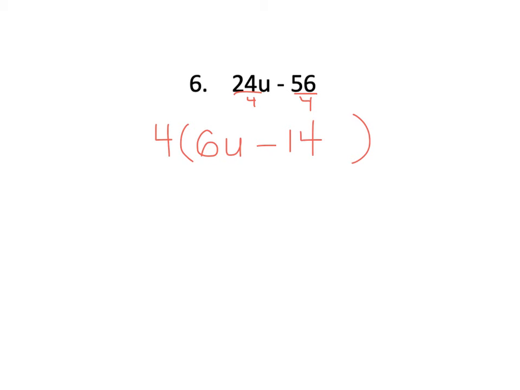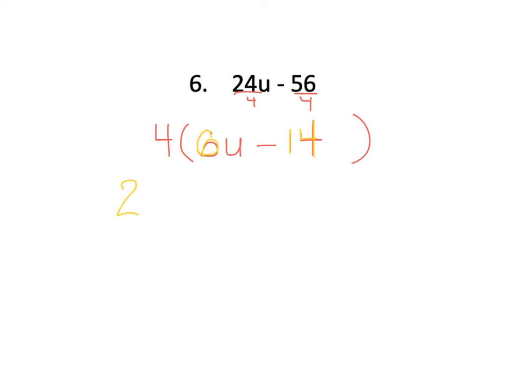And some kids would stop there. However, notice that both the 6 and the 14 are still even. So at least 2 still goes into both of these. So we didn't pull out the greatest common factor, we only pulled out a common factor. So if you notice, 2 still goes into both of those. You can continue from this point rather than erasing and starting over.